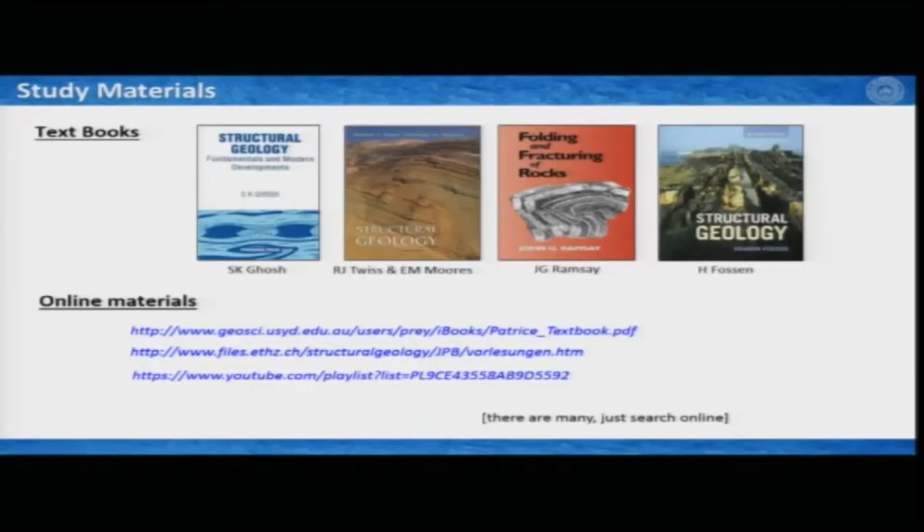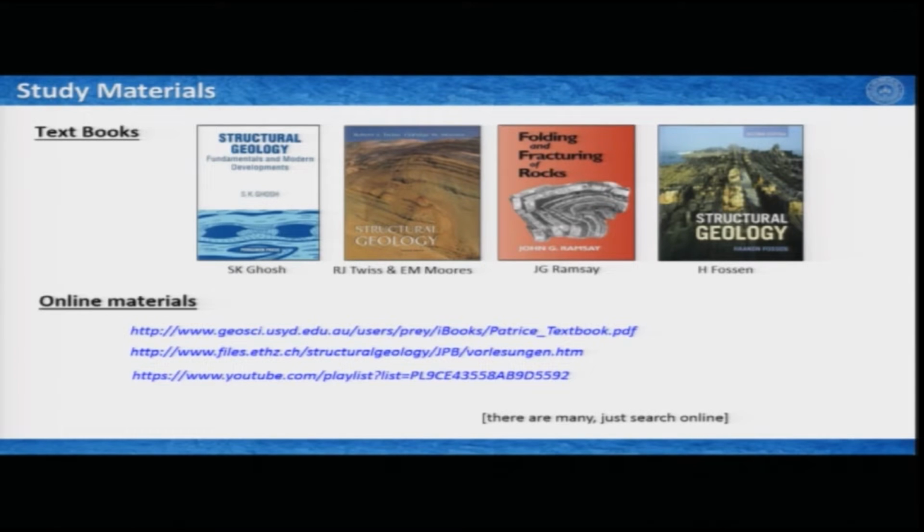What I like about this book, particularly for the students of India, is that the examples of geological structures are cited from the Indian continent or different Indian fields. So therefore, if you go to the field, you can see those structures and relate yourself. The second and third books are the 2 classic ones. The second book is Structural Geology, the second edition of Twiss and Moores.